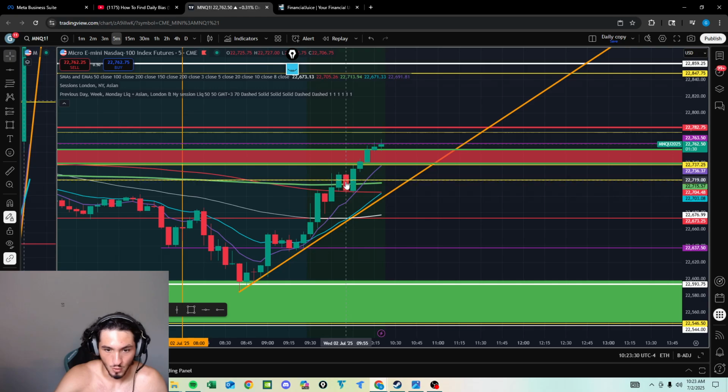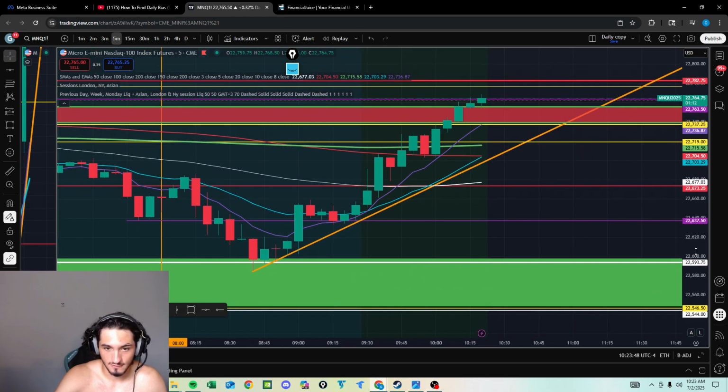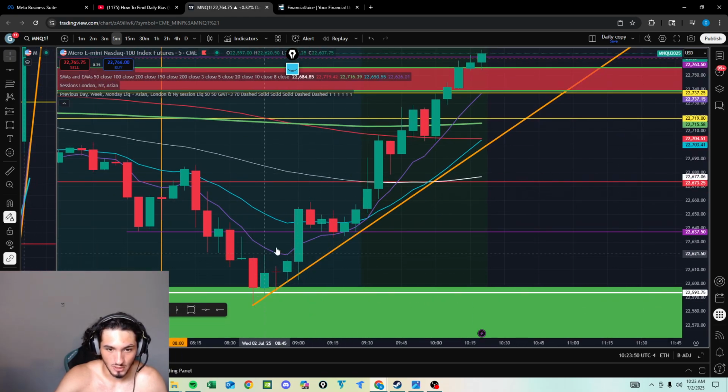I need to wait for that pull back to the 8, because this is where I got in all the way up here with 10 contracts, when I could have realistically waited for the pull back to the 8 on the 5 minute to give me some confirmation. Also, this is the fair value gap that I should have entered on, which gave me all the confirmation in the world to let me get in before the market opened.